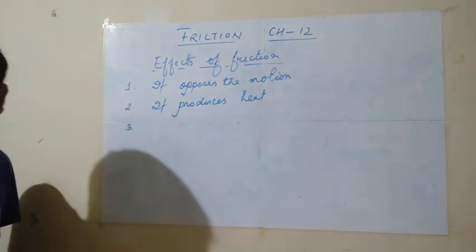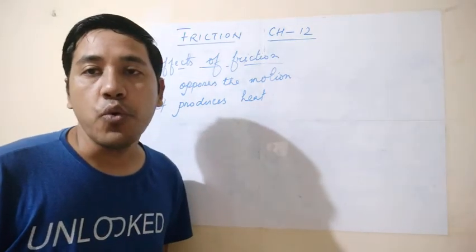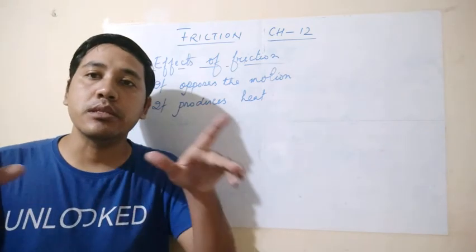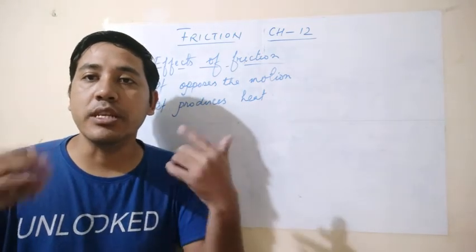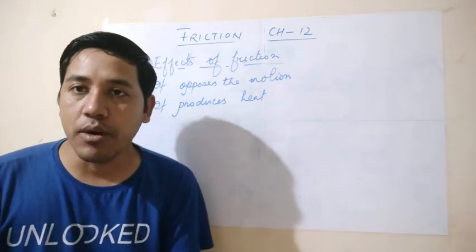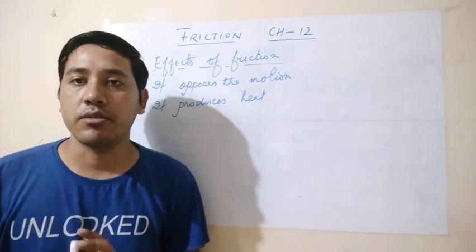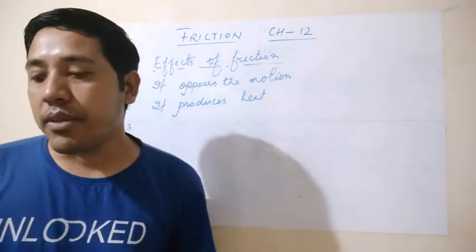Number 3, friction causes wear and tear. You all know that the tires of automobiles become totally smooth. Why? All the rough surface of the tire wears out. That is also an effect of friction.